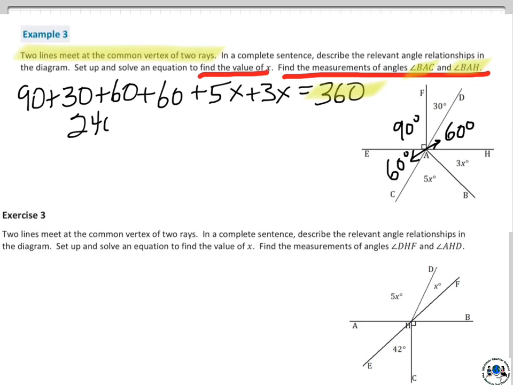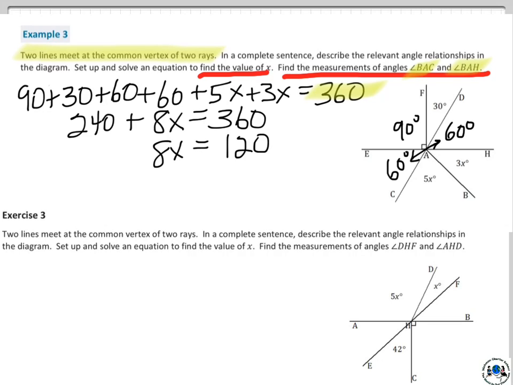So, like terms are all put together, and then my 240 is taken away from both sides to leave my 8x there by its lonesome. Of course, I need to get that down to 1x, and I do that by multiplying by the multiplicative inverse, and I get x equals 15. So that is part 1 of our problem solution.